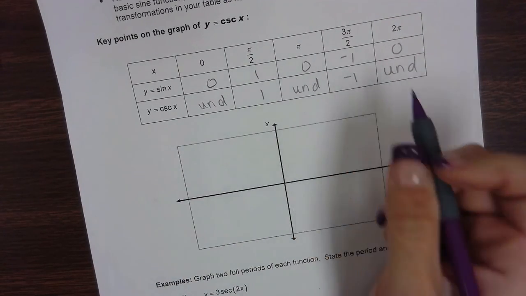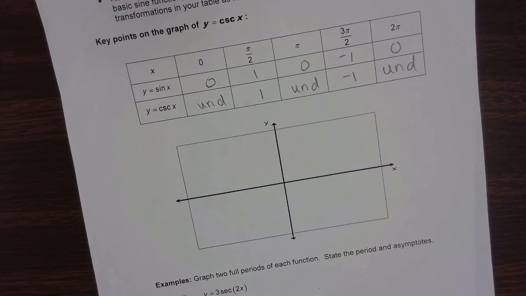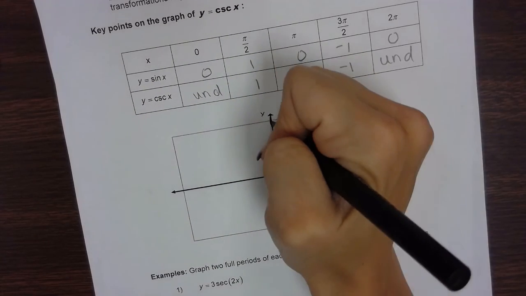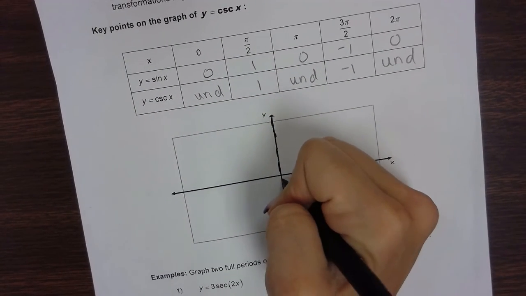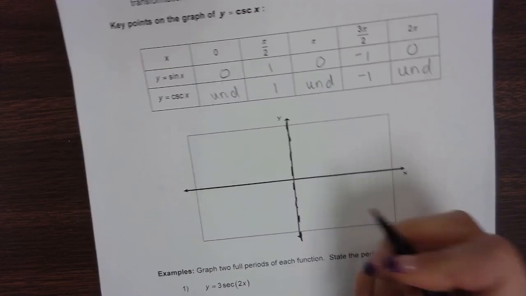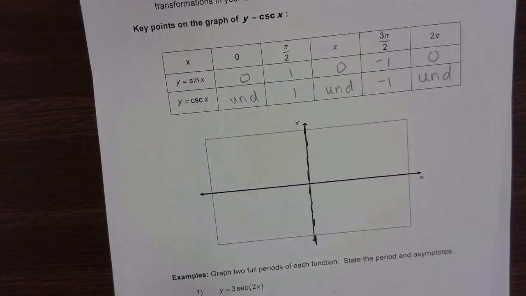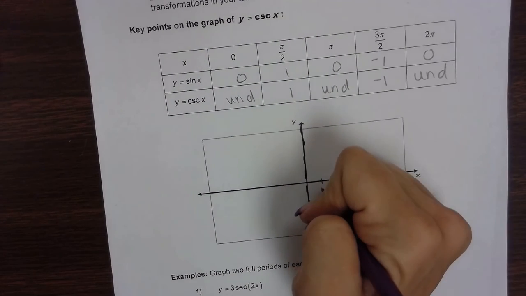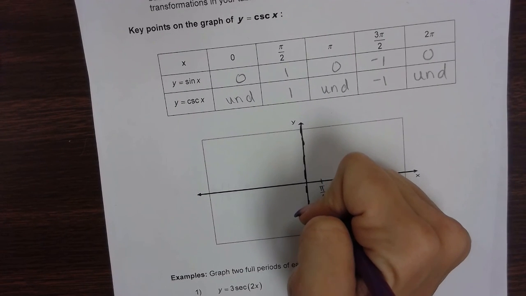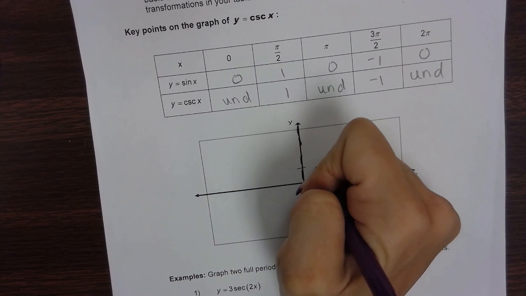Those are our asymptotes, which means our y-axis is an asymptote. At pi over 2, we're at 1.